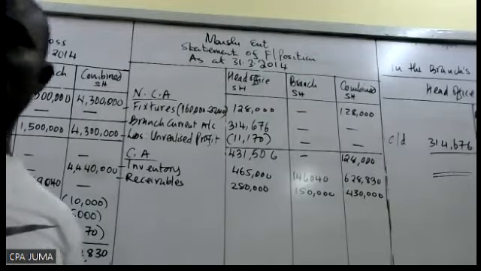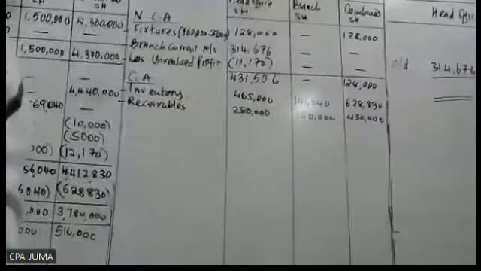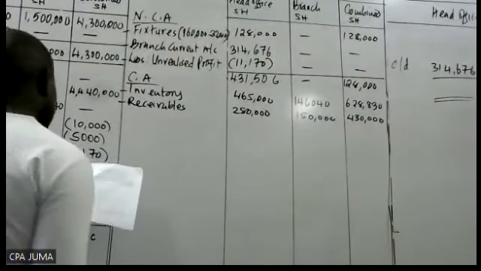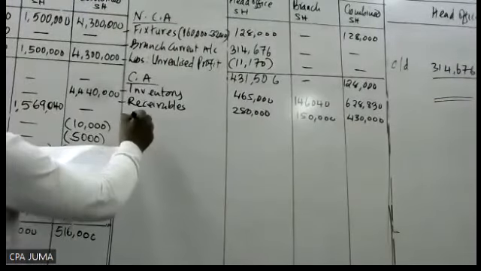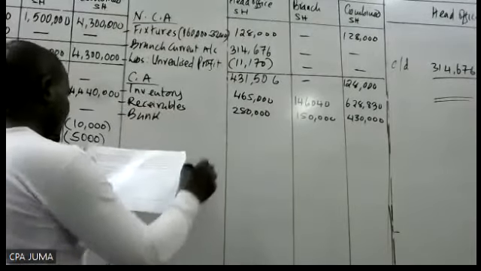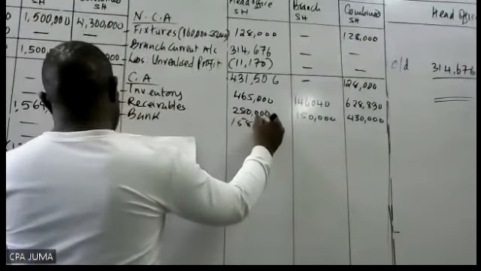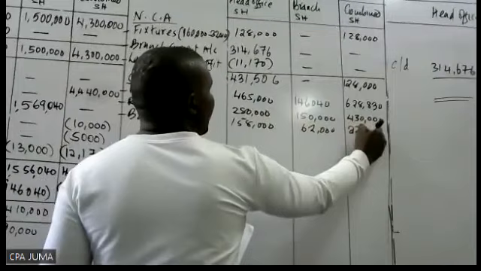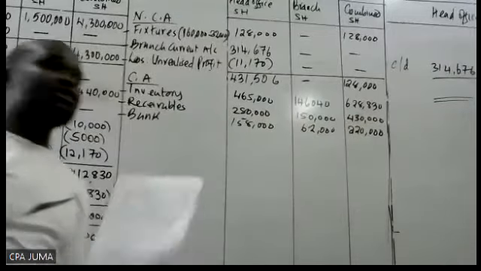All right, good. Very good. We proceed. Bank. Are you seeing bank? Bank is the last item. 158, 62. 158 plus 62 should give you 220.